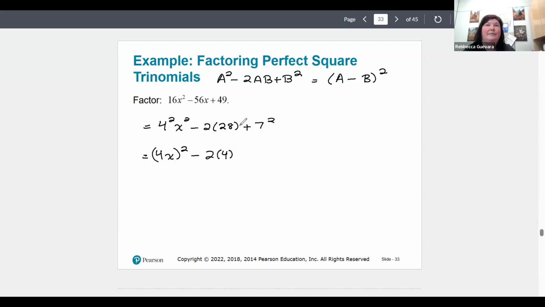That would probably help. So there was an x there, I just dropped that off. So we can put that there, squared. Okay. So 4x is my A. We have 2 times 4x, so that's my A. B is my 7, and we see that 7 here.